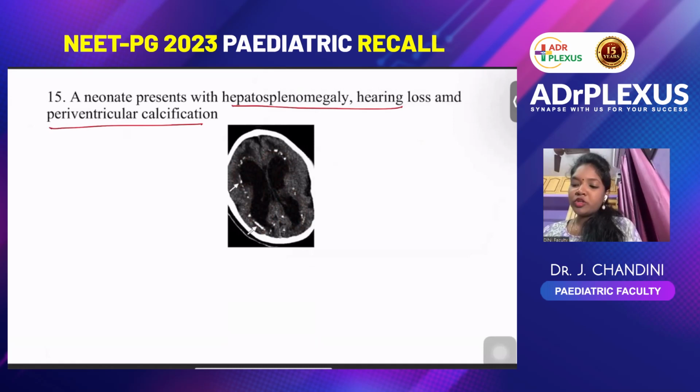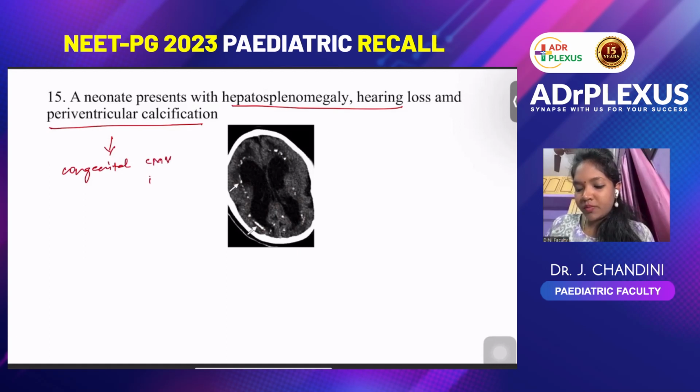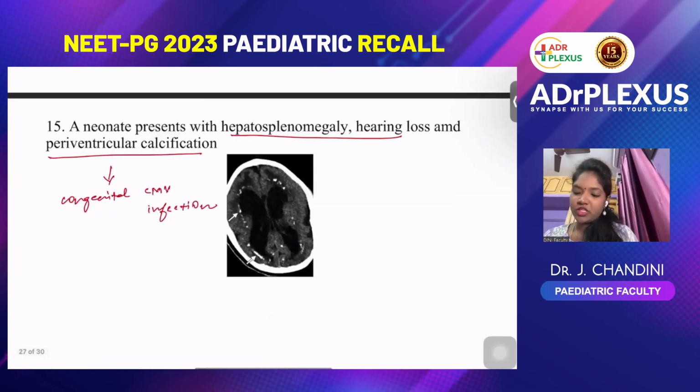So where do you see hepatosplenomegaly, hearing loss, and periventricular calcification? This is a classical example of congenital CMV infection. So what are the features of congenital CMV infection? You will have hepatosplenomegaly, hearing loss, and periventricular calcifications.